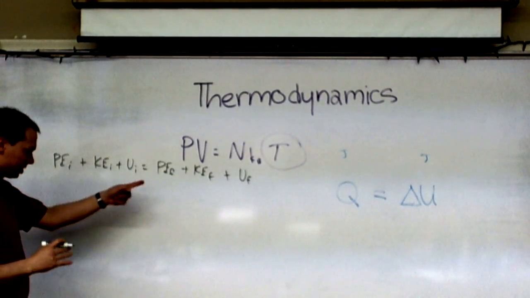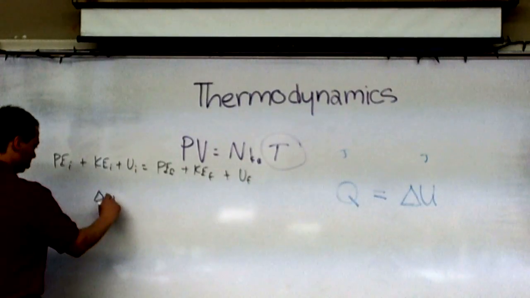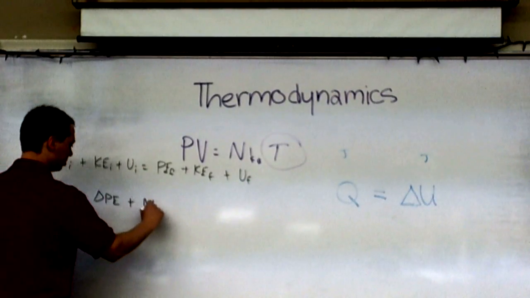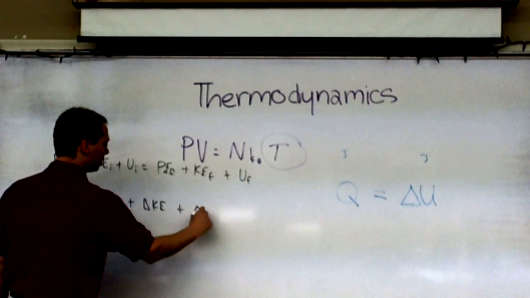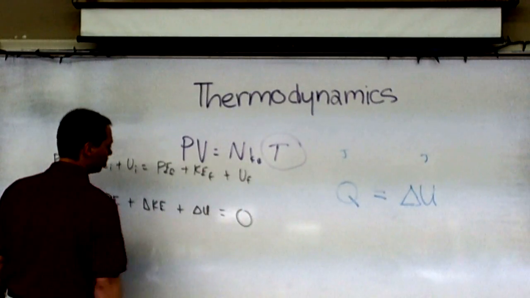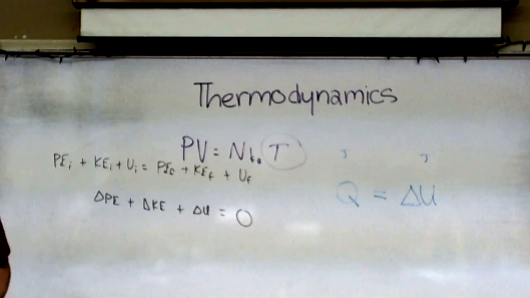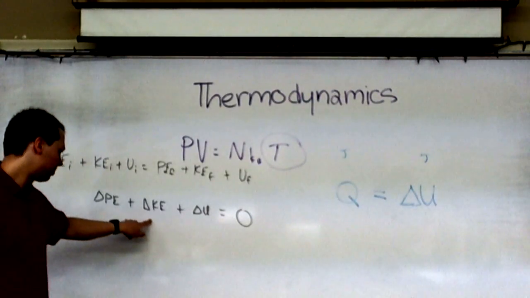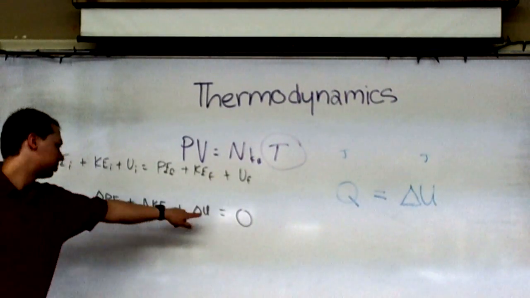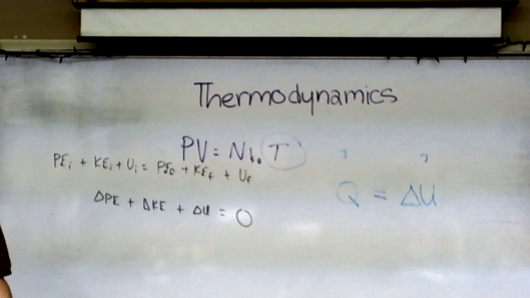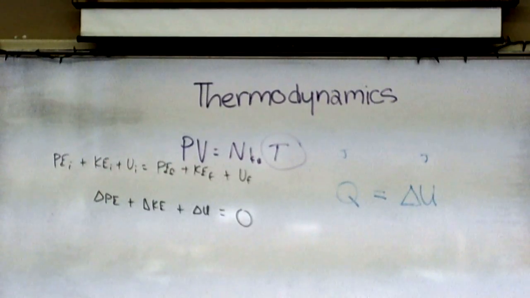It's PEF minus PEI, so it becomes change in plus change in plus change in equals nothing. Okay, we move it all over to one side. Conservation of energy. So anything non-movement related, macro movement, is going to go into internal energy right now. Change in internal energy is 0 because energy is neither created nor destroyed.